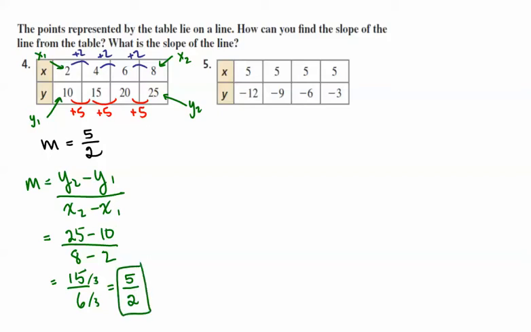Okay, next example here, number 5. Notice what's happening. The change in x is 0, or we can say that all the x coordinates are the same. Picture a graph whose points all have the same x coordinate. You should see a vertical line.